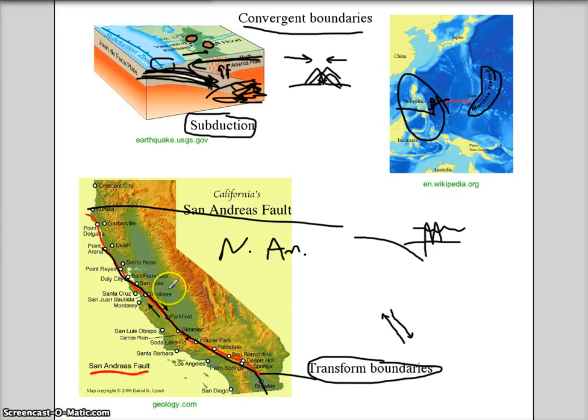We have this plate which is going this way, and this plate which is going this way. So as a result, you're going to have the plates moving, and you have lots and lots of earthquakes anytime you have a transform boundary. And yes, you have lots of earthquakes going up and down this line right here.